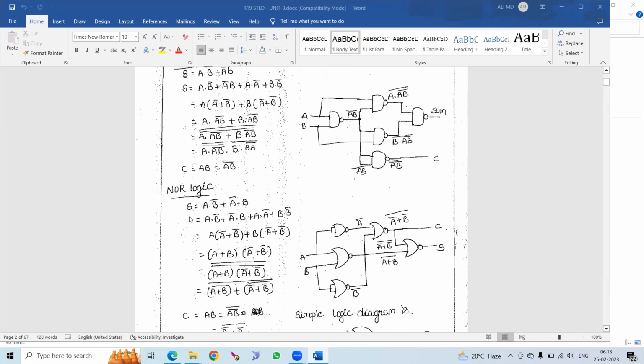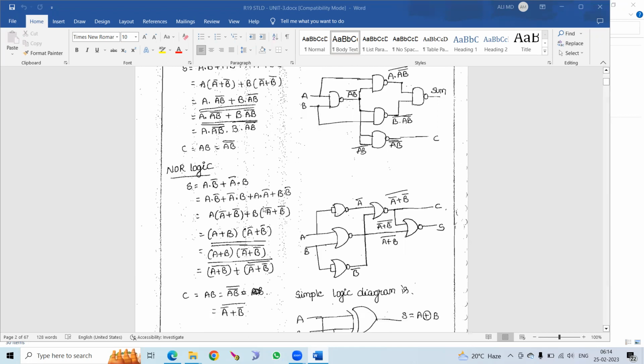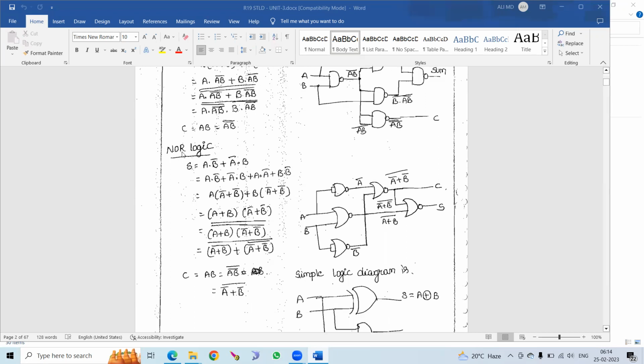In NOR gates, sum is equal to A bar B plus A B bar. Only in the NOR gate representation, again we go for Boolean algebraic laws and Boolean algebraic theorems. So it can be implemented as the summation of the inputs, that means only in the NOR gate representation.